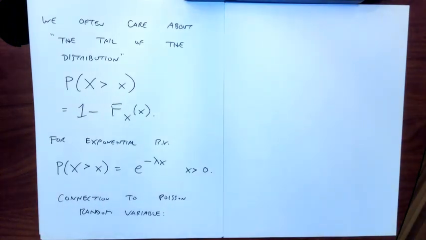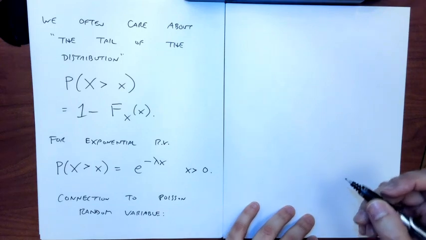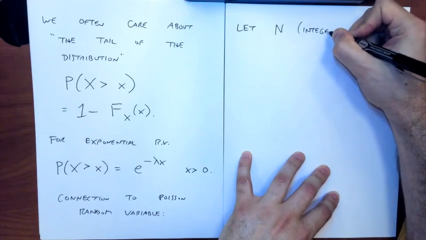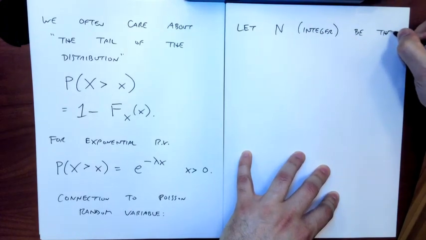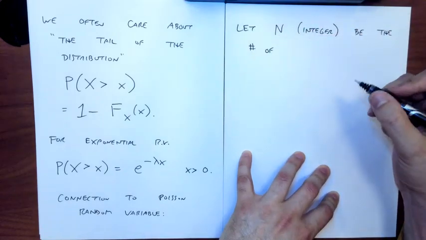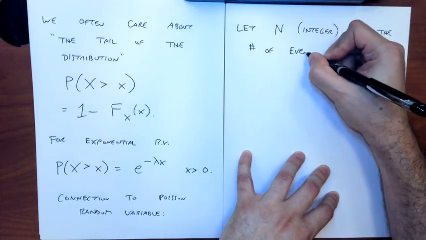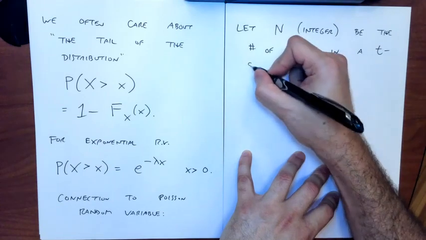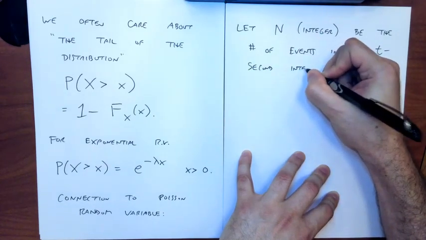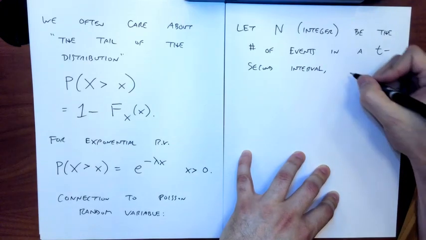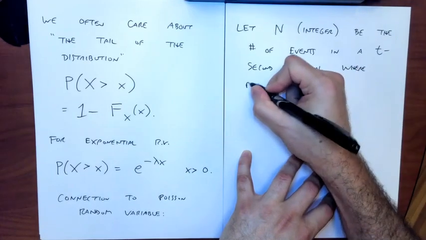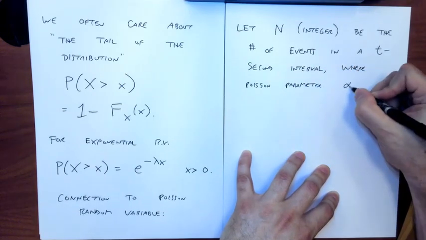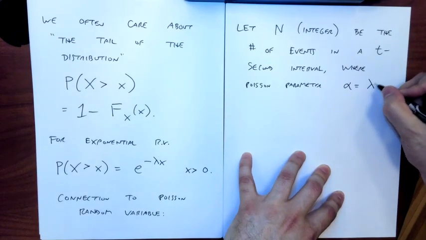So here I'm going to shift over by one page here. So here's a setup that I might have given you for a Poisson problem, which is that, let n, which is an integer, be the number of events in a t-second interval, where this Poisson parameter alpha is lambda t.